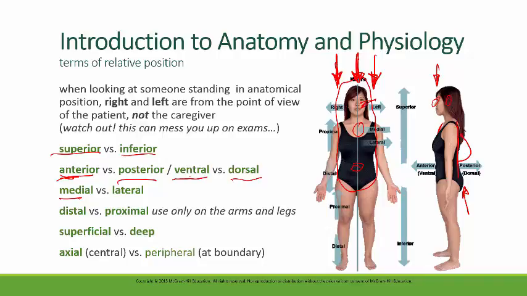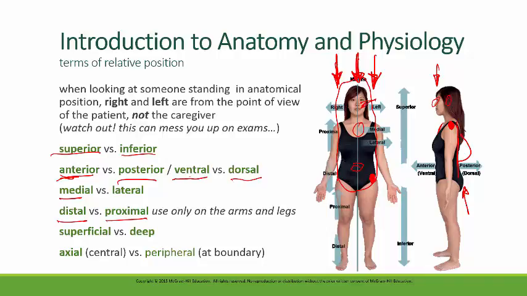Okay, so I said that we use superior and inferior when we're talking about the trunk, the head, the neck. When we want to talk about locations on the arms and the legs, we use the terms distal and proximal. And we always talk about these locations in relation to the point of attachment for the arm or the leg. The shoulder is the point of attachment for the arms. The hip is the point of attachment for the legs.